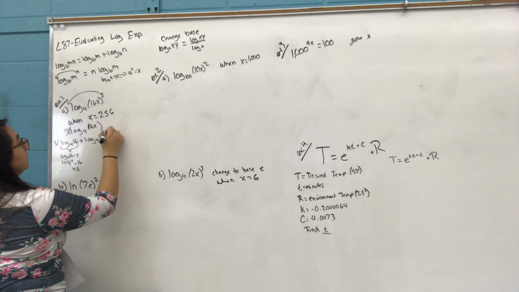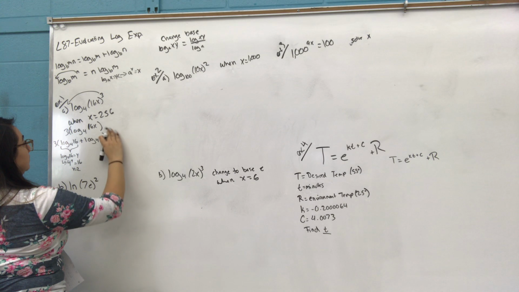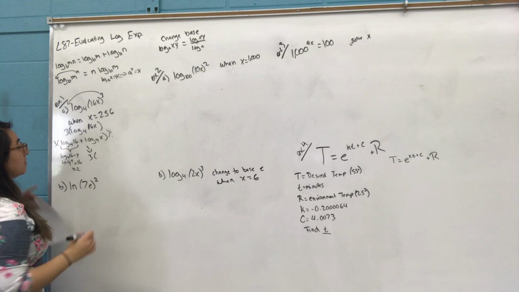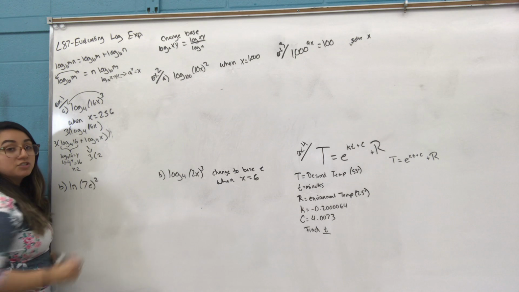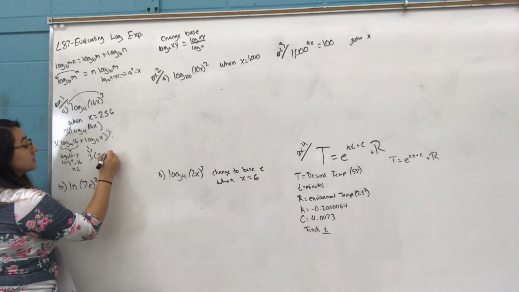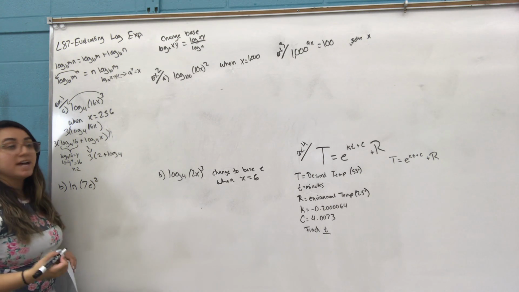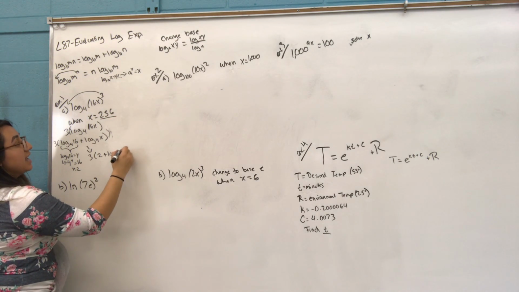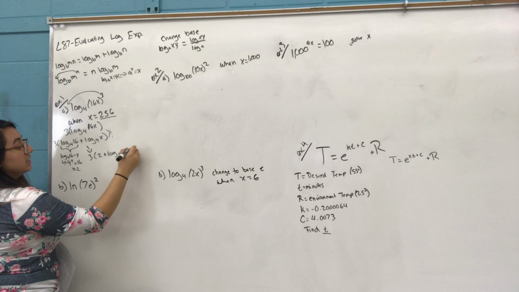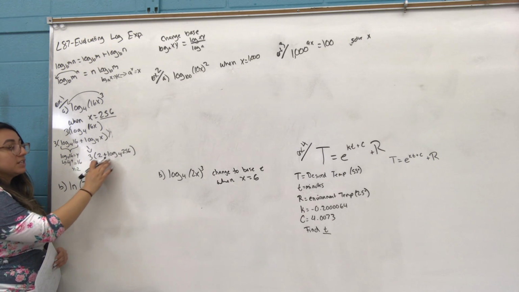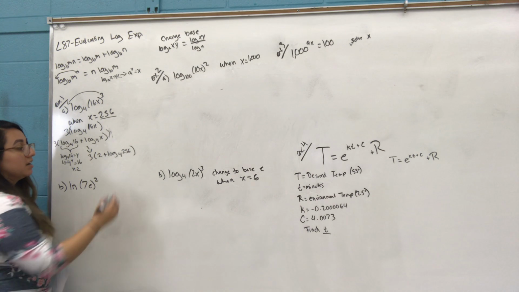So now I have 3 times, and my log base 4 of 16 turns into 2, plus the log base 4 of x. Now let's put in what x is. According to this, x is 256. So now I have 3 times 2 plus log base 4 of 256.